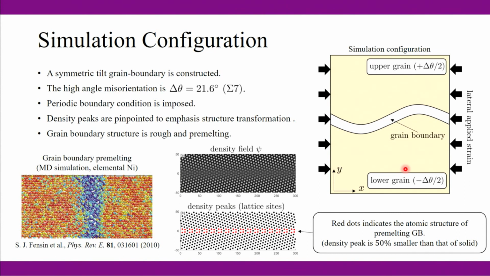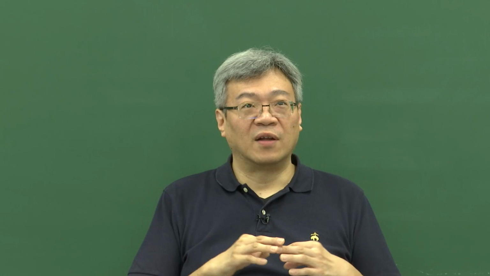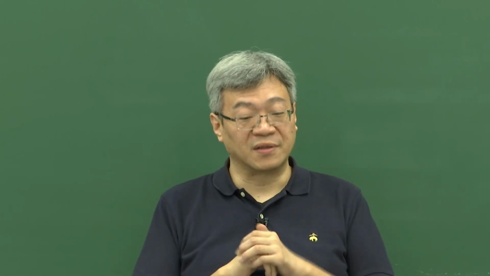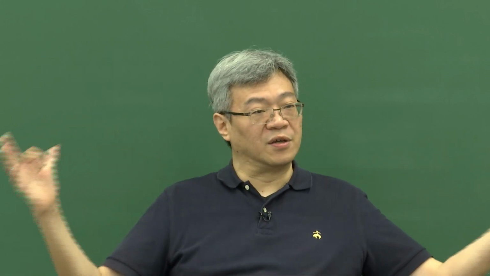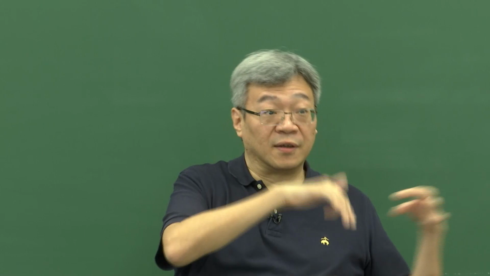Okay, so you are trying to keep only one wavelength? Yes. If you do a really extended system, the advantage is that you immediately explore all sorts of wavelengths, because shorter wavelengths can repeat themselves. So if you really want to get a feeling for whether the grain boundary could be unstable, you can run a really large simulation, and usually you will pick up the most unstable mode immediately.